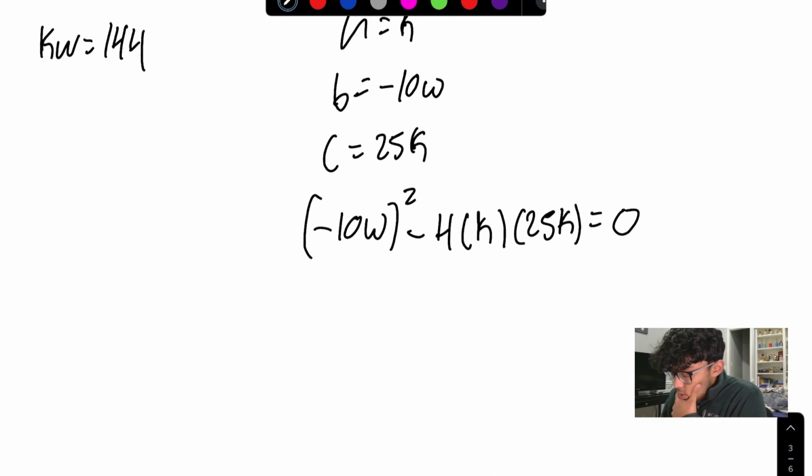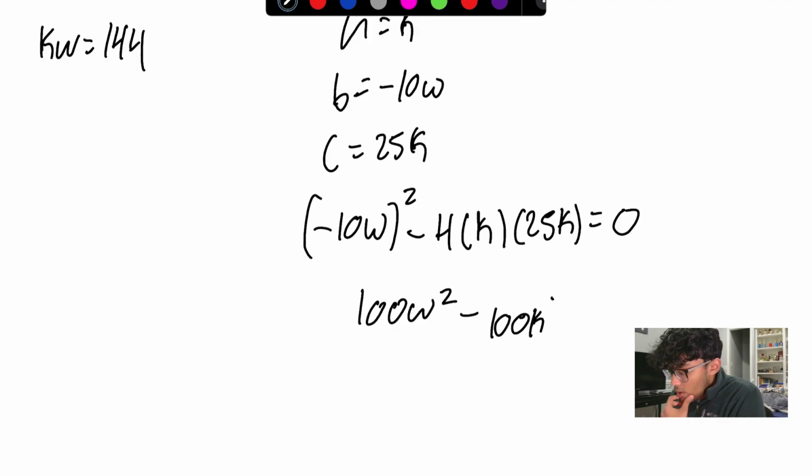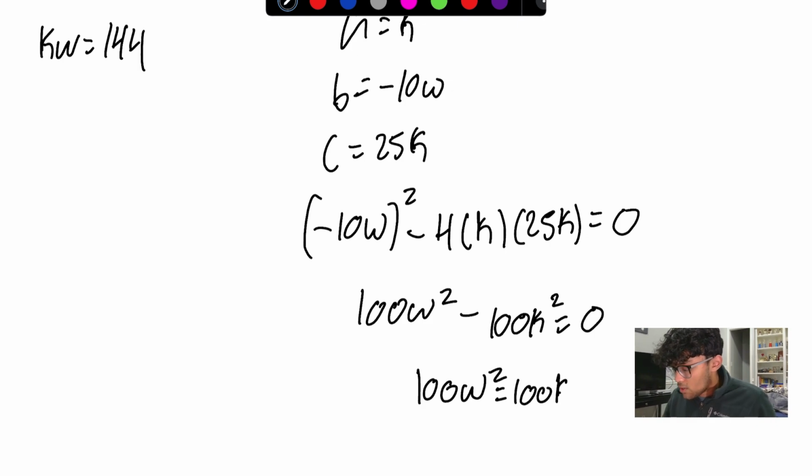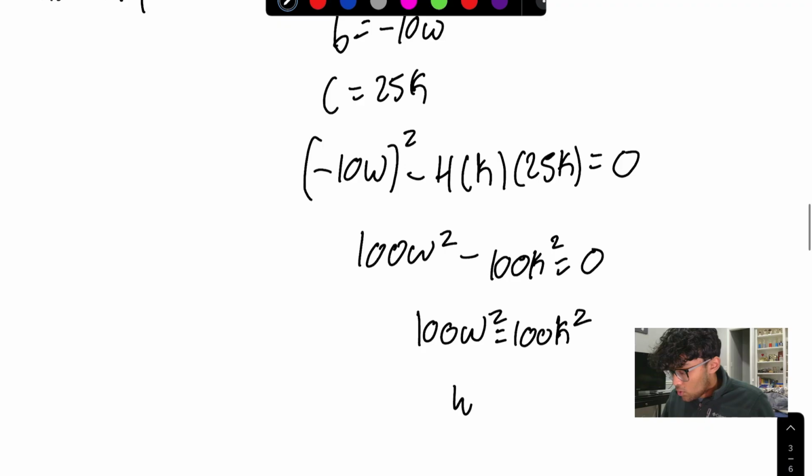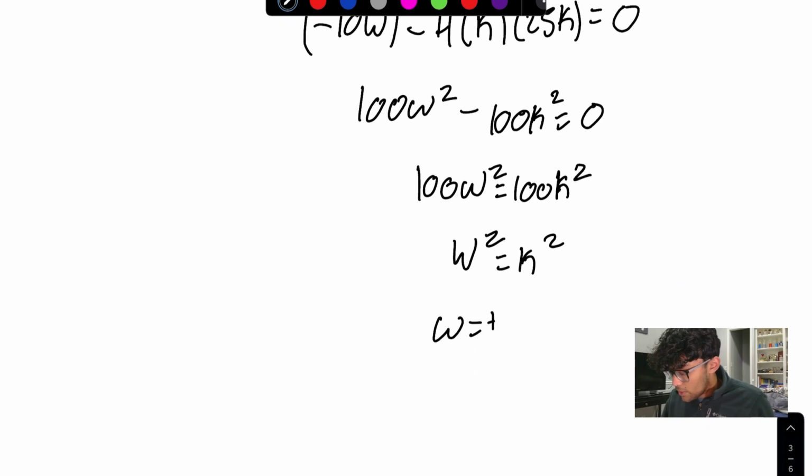Let's simplify this. We have 100w squared minus 4k times 25k, which is 100k squared, equal to 0. So 100w squared is equal to 100k squared. Therefore, w squared is equal to k squared, and w is equal to plus or minus k.